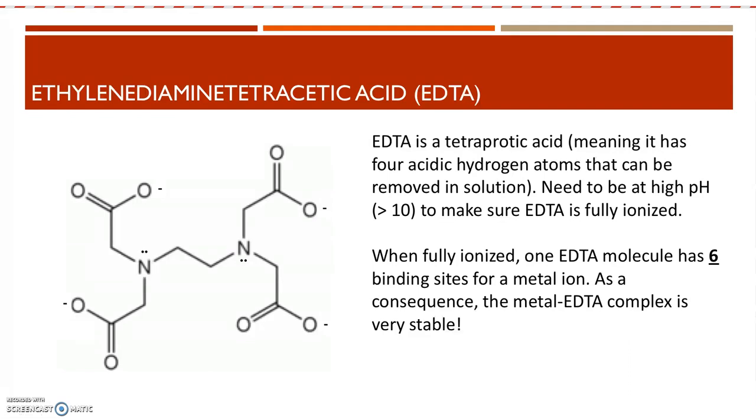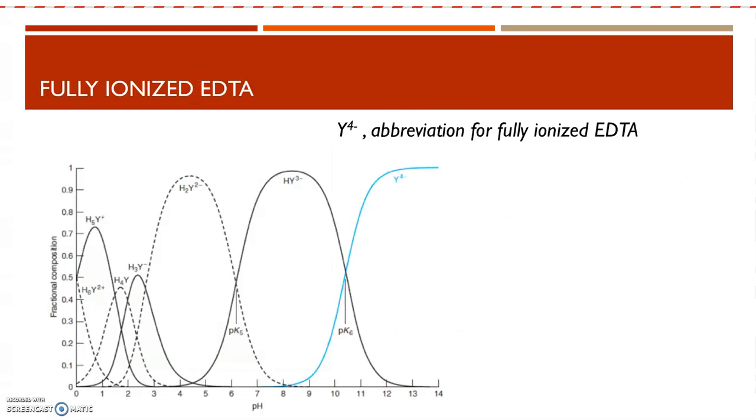It will happen stoichiometrically, meaning that for every 1 metal ion, you have 1 EDTA molecule, and it will hold on to that metal ion very tightly. EDTA is what we call a complexing agent. It creates a metal EDTA complex, which I'll show you in just a second.